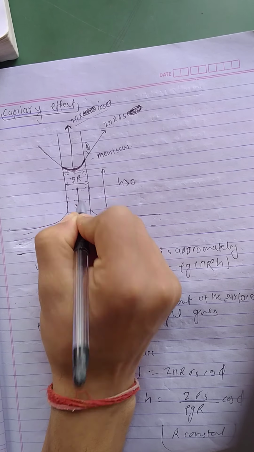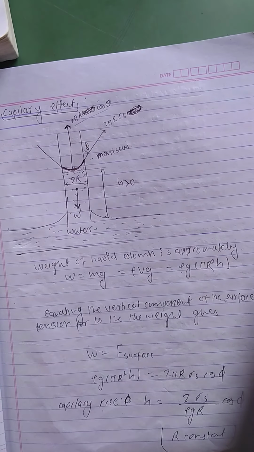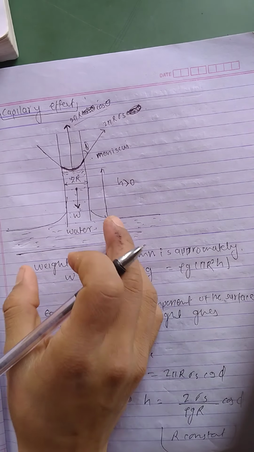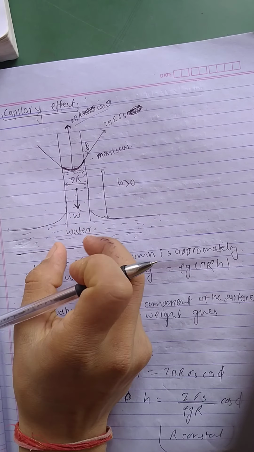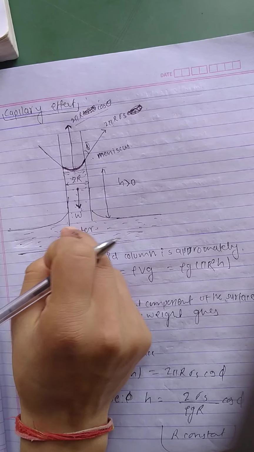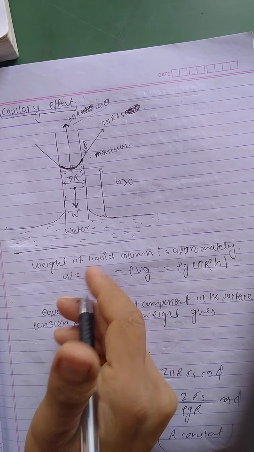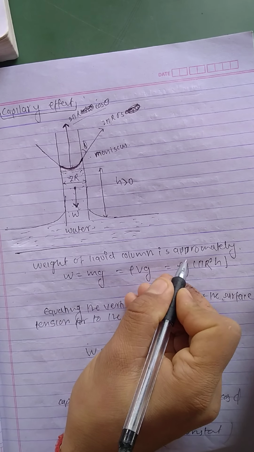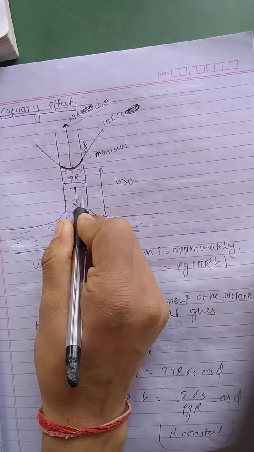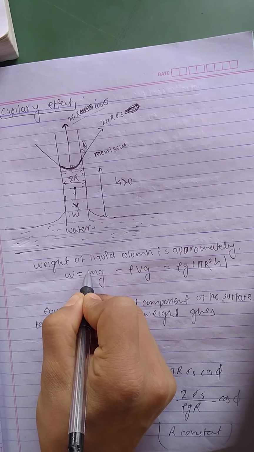To get the height of the capillary rise, how much height it will gain when dipped in the water surface, we calculate the weight of the liquid column. Weight is equal to mg.